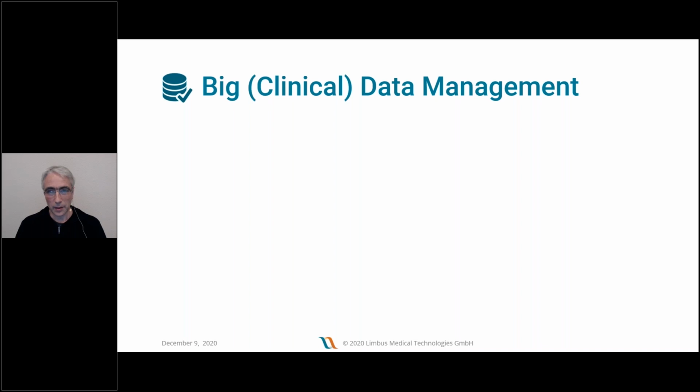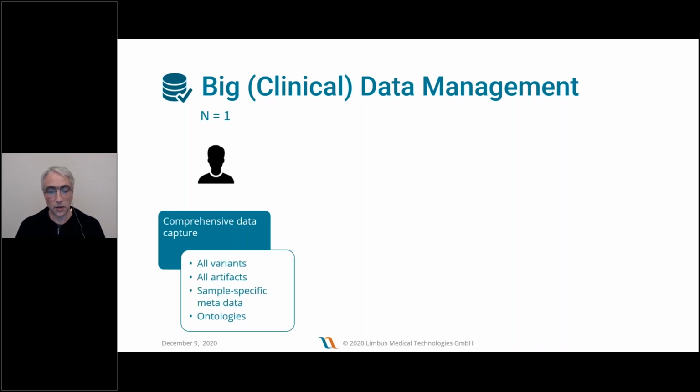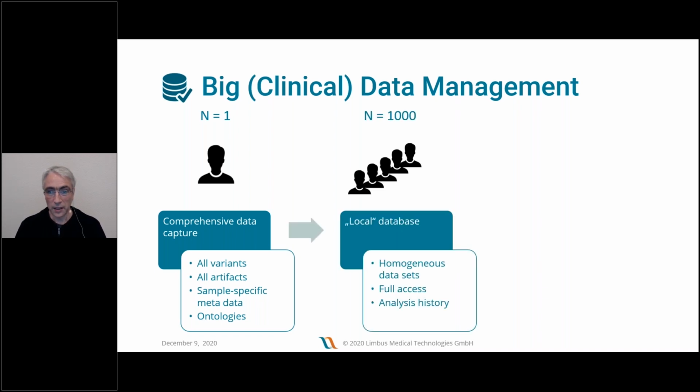And as I explained, Varvis allows you to capture a single patient in a more complete way regarding all the variants that you find, regarding the clinical information that you have about that patient. You can then build up your own local database of variants of patients. You have full access to this analysis history, and it's typically a rather homogeneous data set.